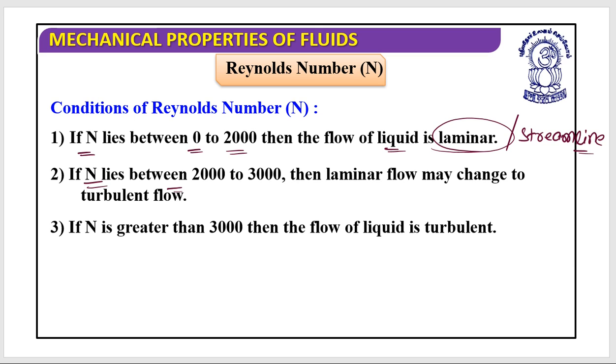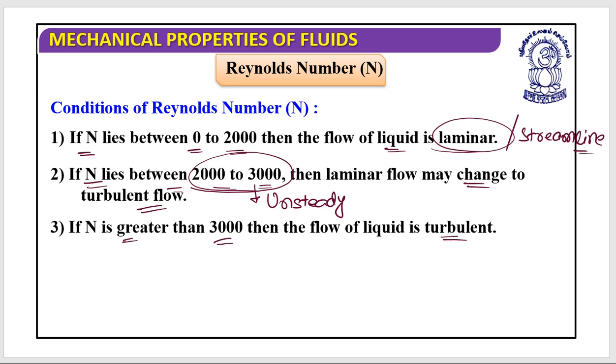If Reynolds number lies between 2000 to 3000, then this laminar flow may change to the turbulent flow. And if Reynolds number is greater than 3000, then the flow of liquid is turbulent. Basically this range of 2000 to 3000 is the case of unsteady flow.